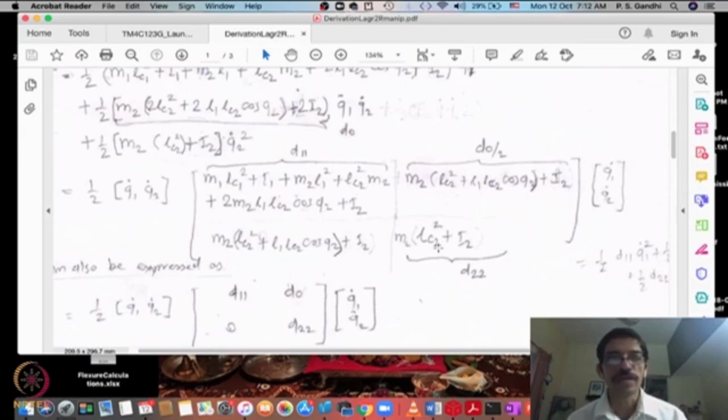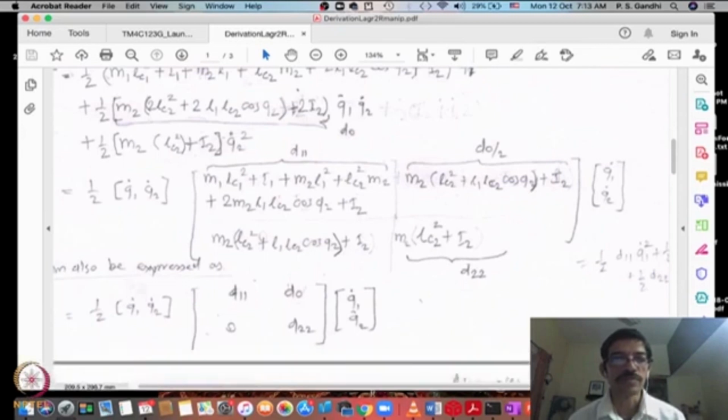So this is a quadratic form of expression for kinetic energy, and you will find that the kinetic energy of all mechanical systems can be expressed in this kind of form. This form gives us a clear indication that the matrix forming this quadratic form is going to be positive definite. Can you see why? Pause for a while and check.